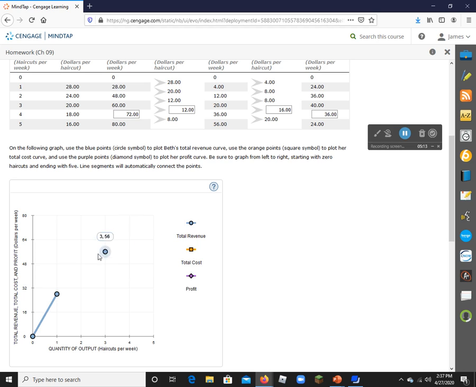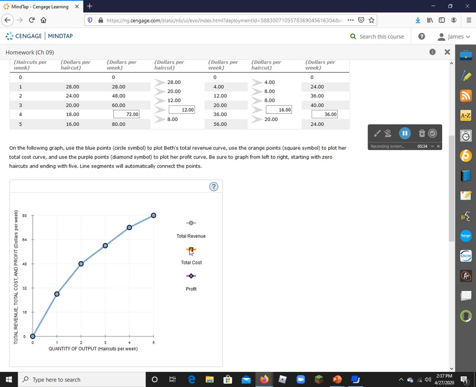Total revenue is $48 if she does 2, $60 if she does 3, $72 if she does 4, and $80 if she does 5 haircuts.